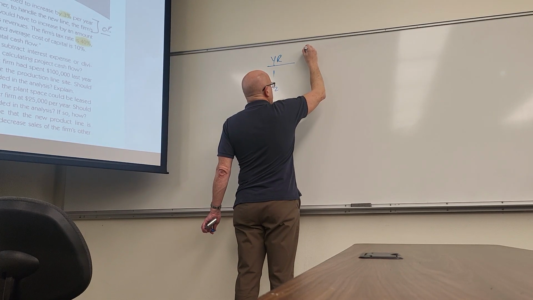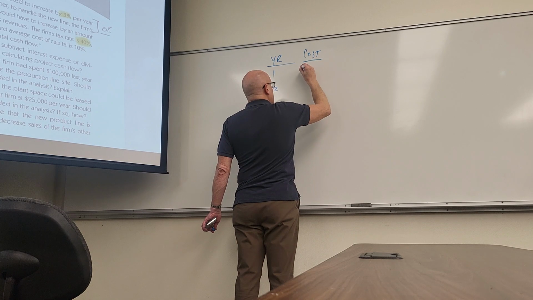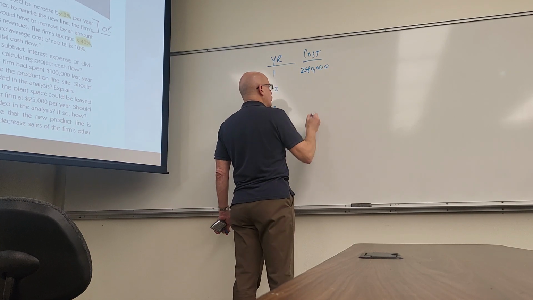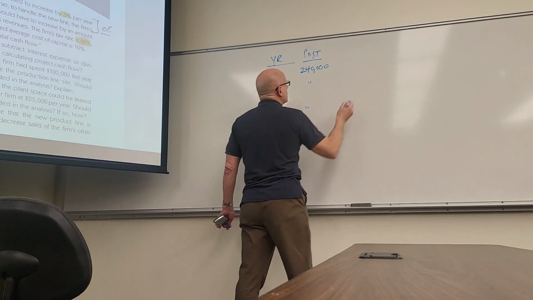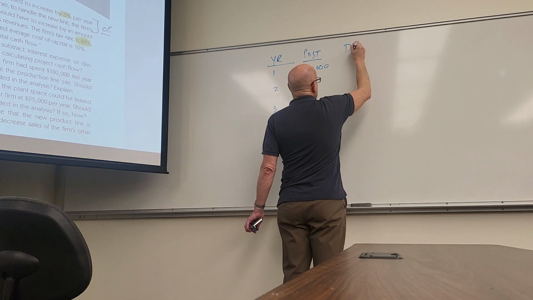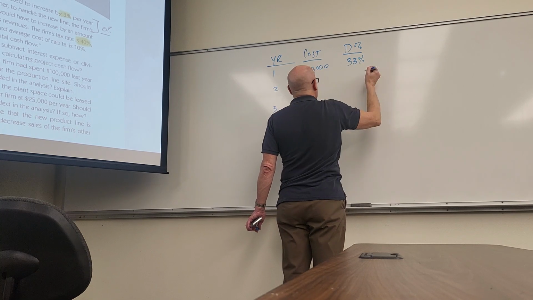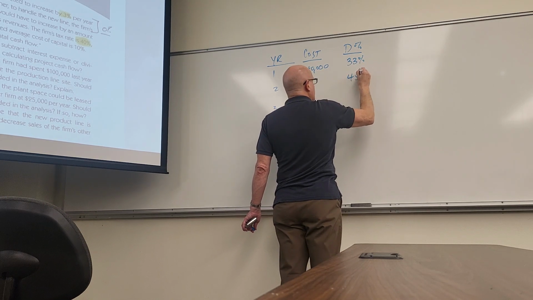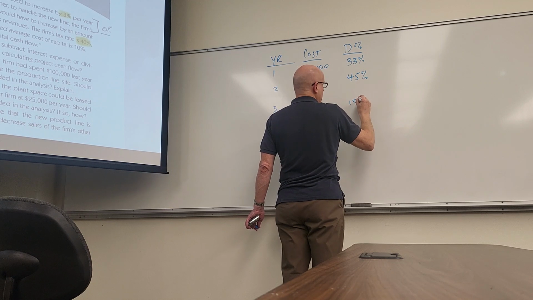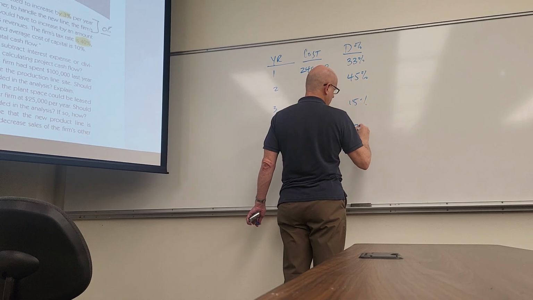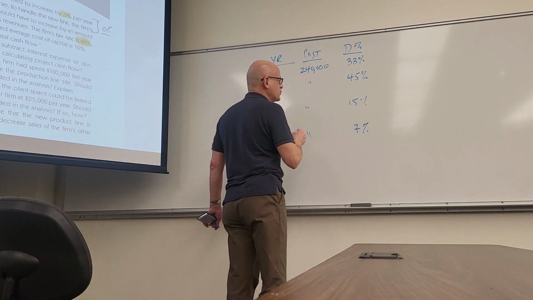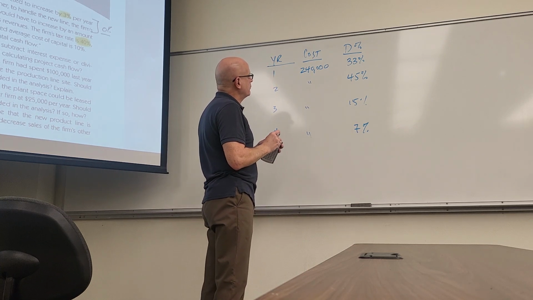I've got my cost, and that is the installed, shipped, delivered cost of that equipment, the $240,000. My depreciation rate is 33% in the first year, 45, 15, and then 7% in the last year.